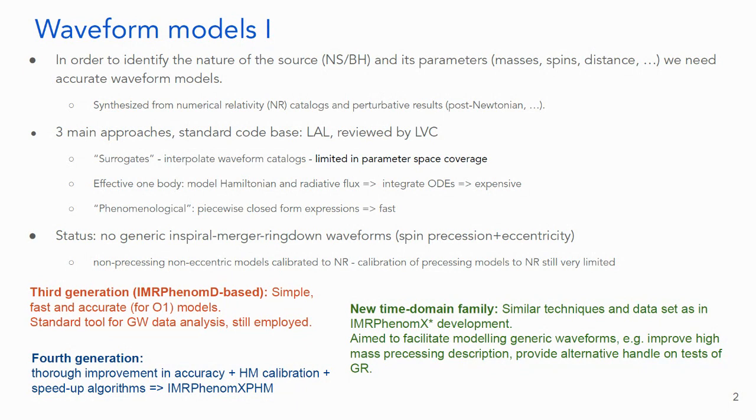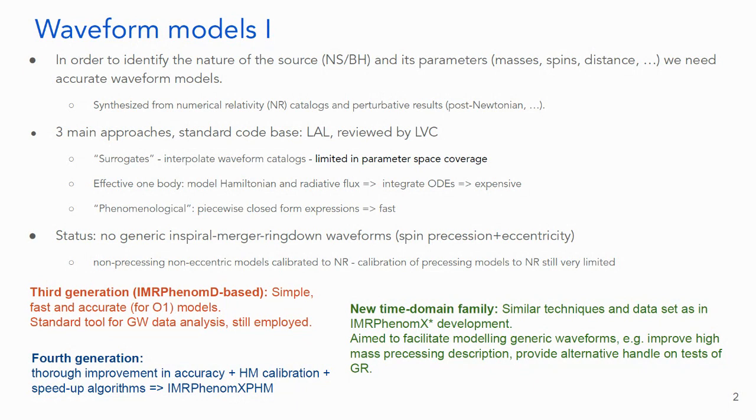We have aligned-spin models, which assume quasicircular orbits and are calibrated to numerical relativity simulations. And then we also have the precessing ones, which also assume quasicircular orbits, and their numerical relativity calibration is quite limited yet.